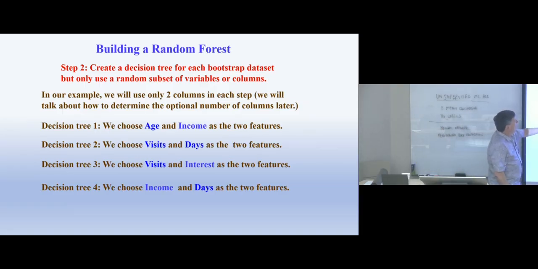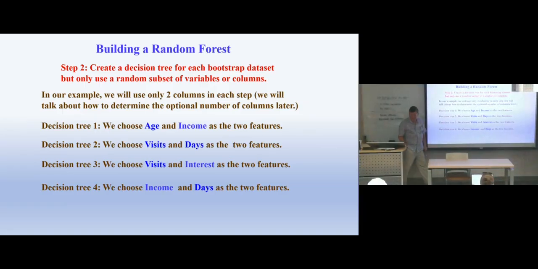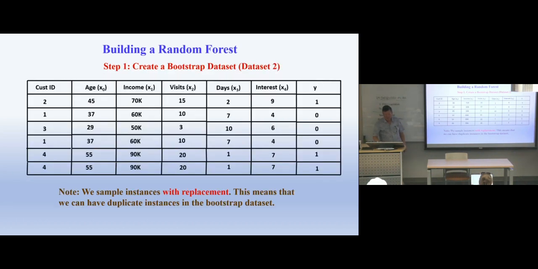Let's just pick age and income. I'm just going to pick 2. You could pick 3. You decide, or your hyperparameters will decide. You set this. So I'm going to end up with these 2 features out of that data set.